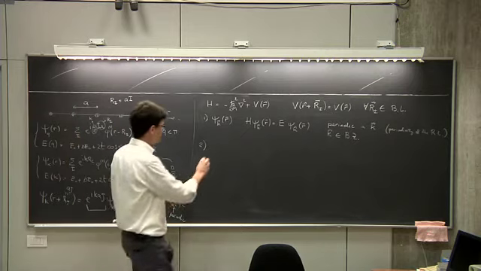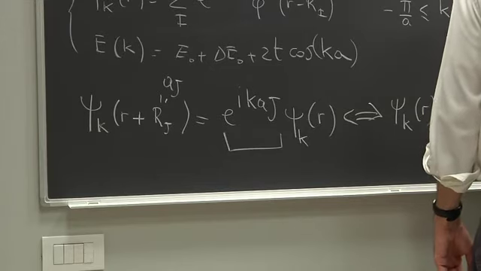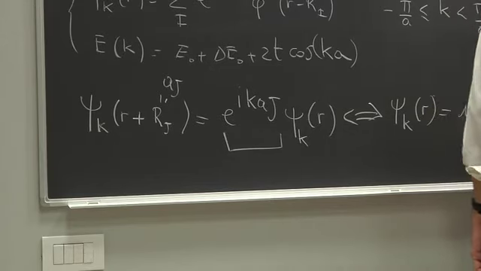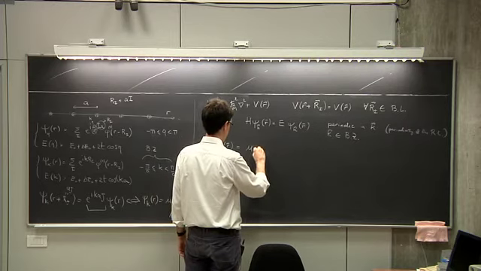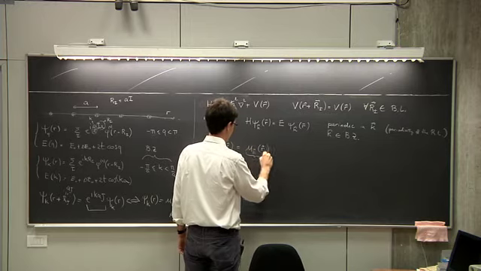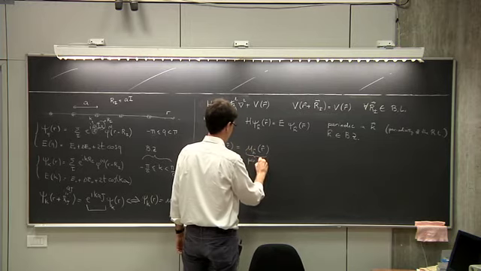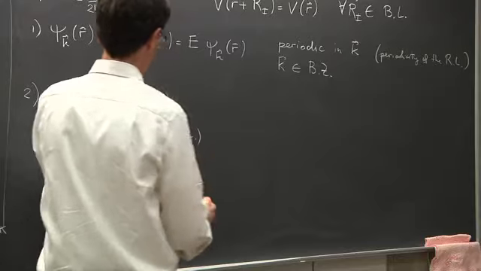Namely, psi of K can be written as u_k of r, where this is a periodic function. Periodic, it's a function of r, right?